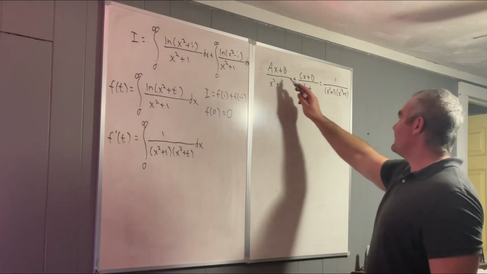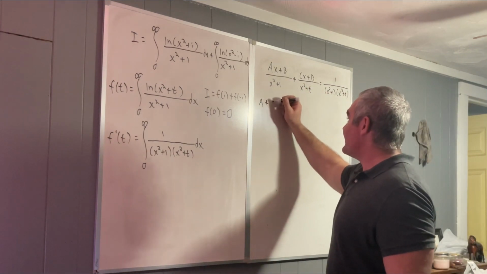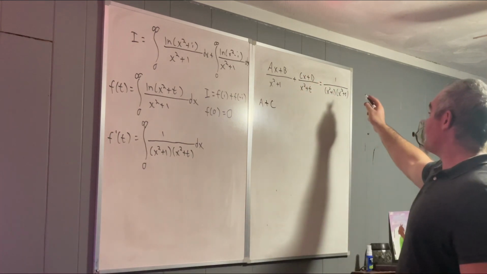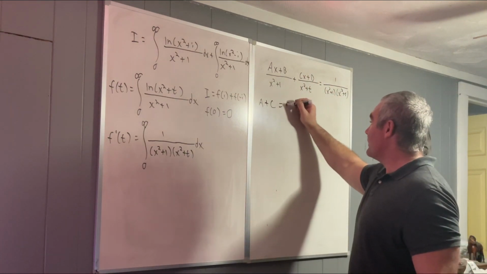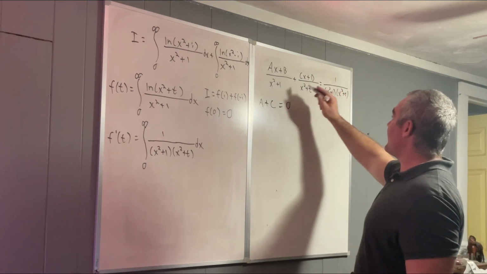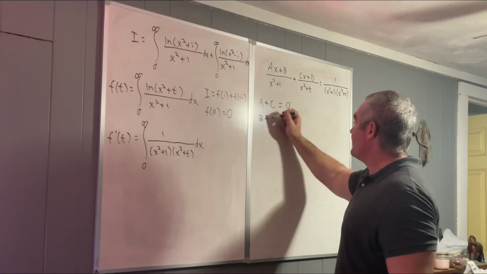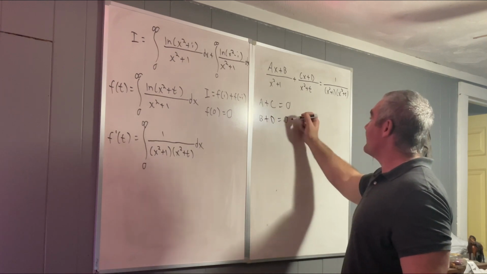So what's our x cubed terms? We'll have a plus c for our x cubed terms on the left hand side, and 0 for our x cubed terms on the right. Likewise, with our x squared terms, we would have b plus d being equal to 0.